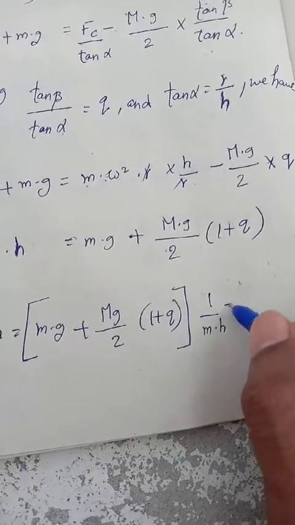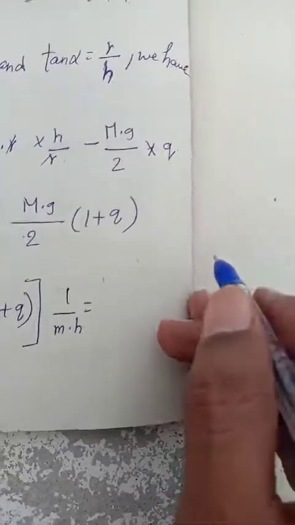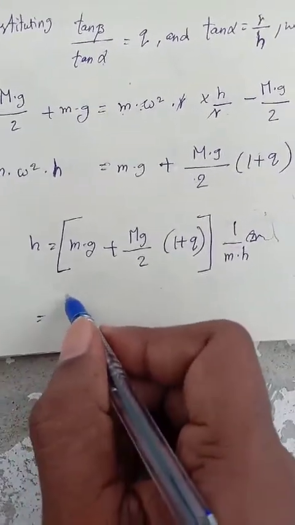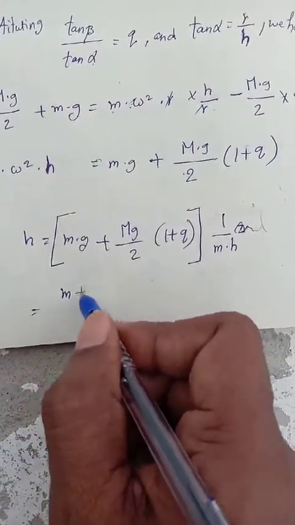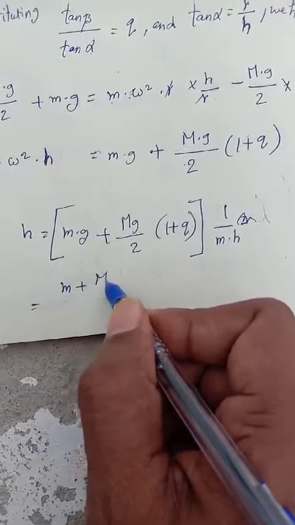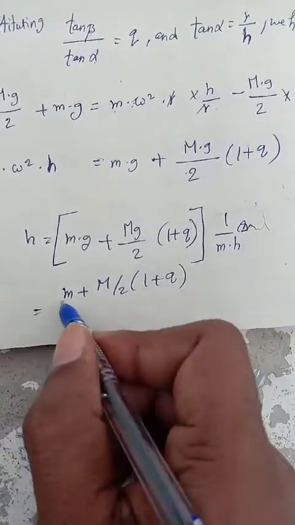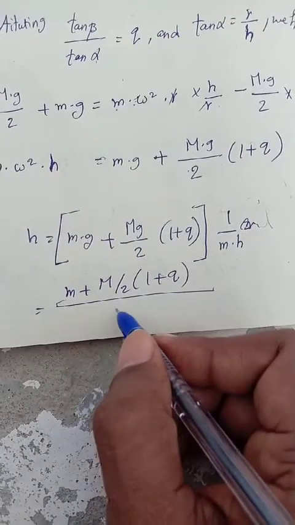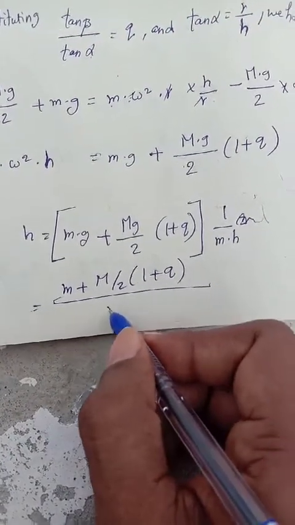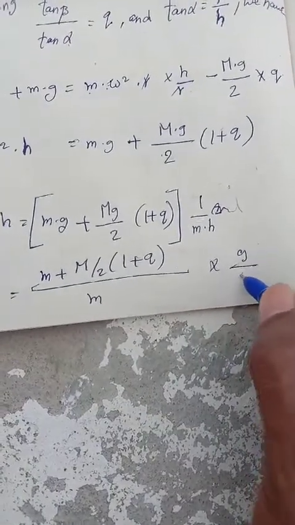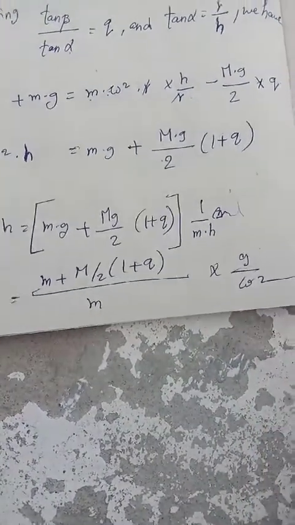So then that is equal to, I'm going to write here, m plus m by 2 1 plus q divided by m into g by omega square.